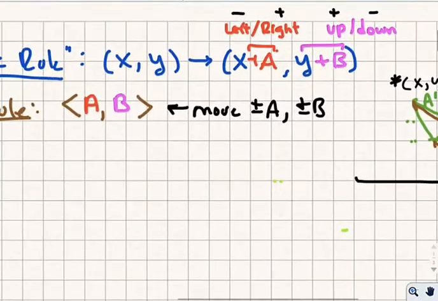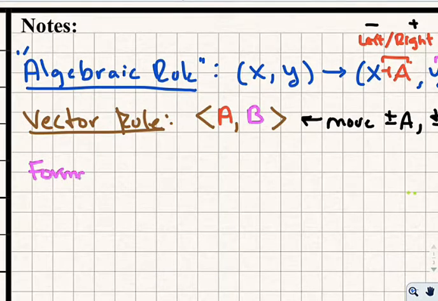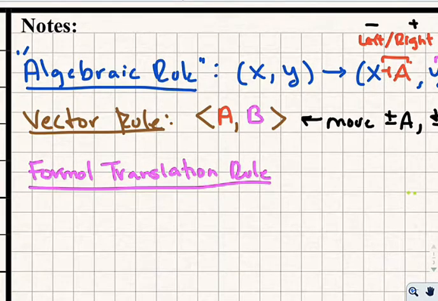Now there are levels of sophistication on the vector rule, a couple variations if you will. One is the formal translation rule. The formal translation rule takes this vector notation and the algebraic rule and meshes them together.